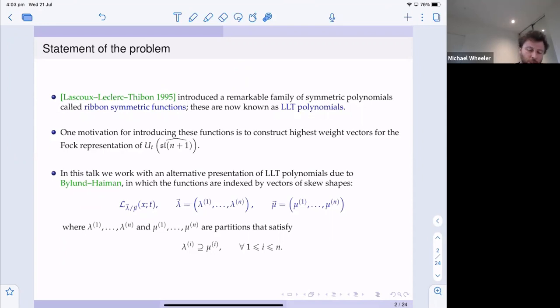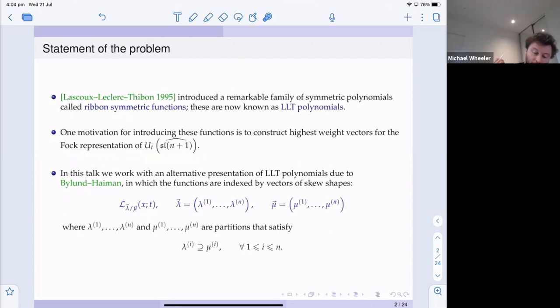And one motivation for introducing these polynomials is if you're interested in studying the Fock representation of the quantized affine algebra. There is a Fock representation of U_q of sl_{n+1} hat, which is due to Hayashi. Basically in that representation, you take Young diagrams and you add boxes to the Young diagram, and the action of adding boxes corresponds with the action of the generators of the quantized affine algebra.